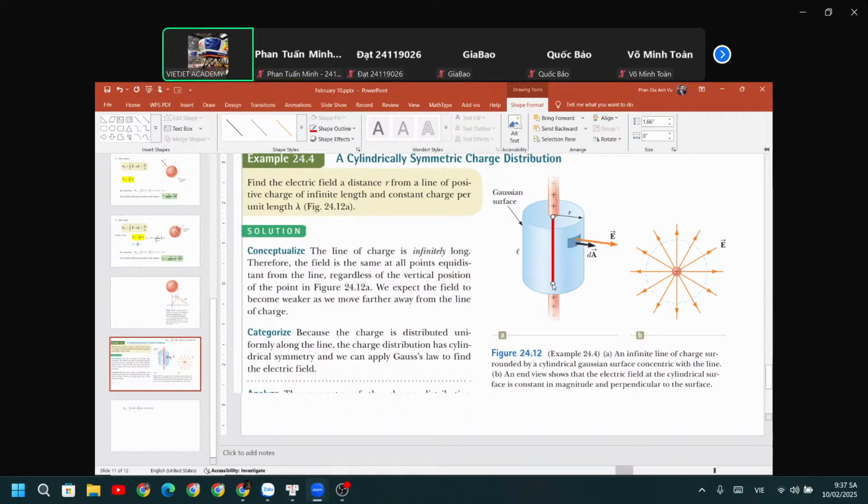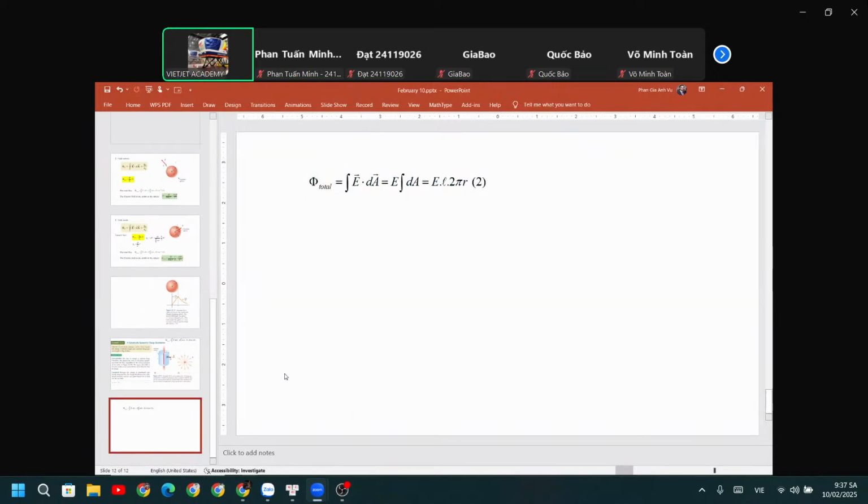So it has the same length as the height of the cylinder. So Q in now is just lambda multiplied with the length L. This is for equation 1.